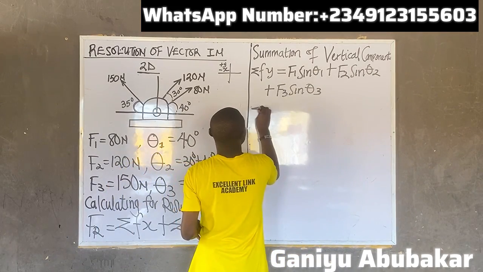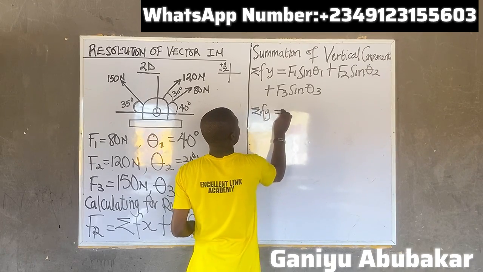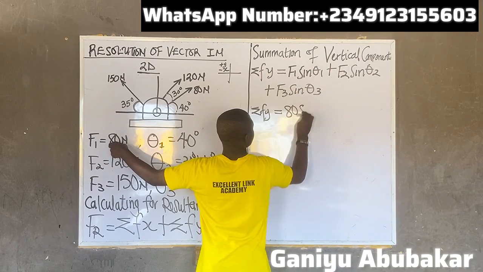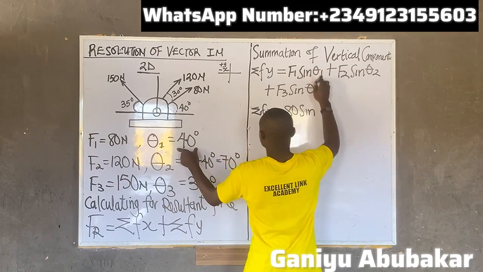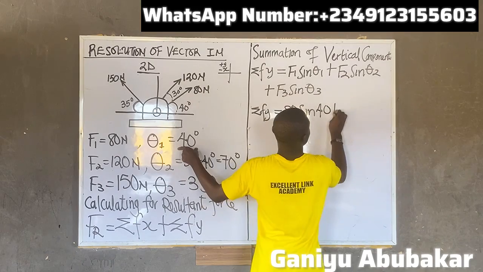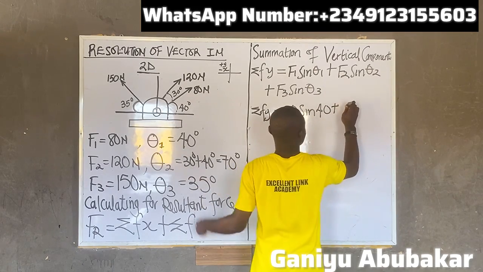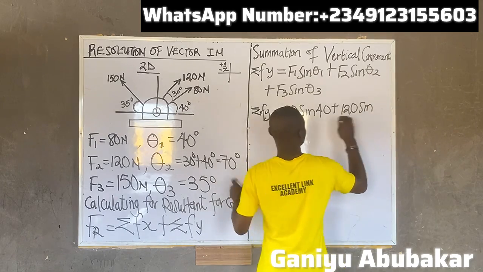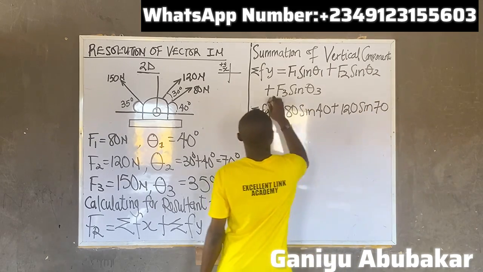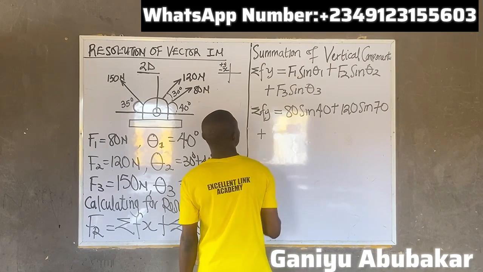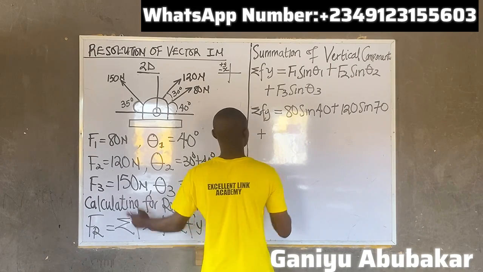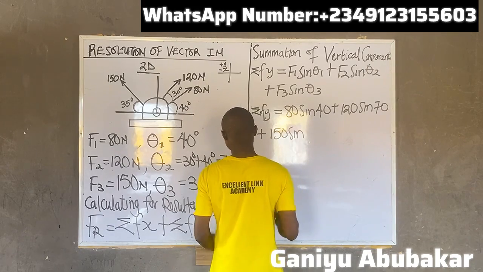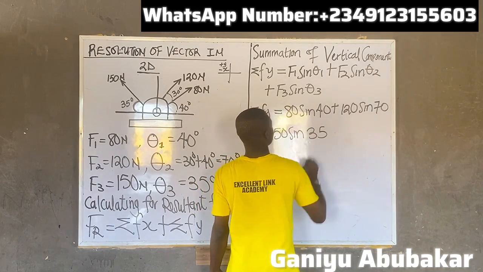Putting in values, summation F_y equals F1, which is 80 sine theta 1, which is 40, plus F2, which is 120 sine theta 2, which is 70. Finally, plus F3, which is 150 sine theta 3, which is 35 degrees.